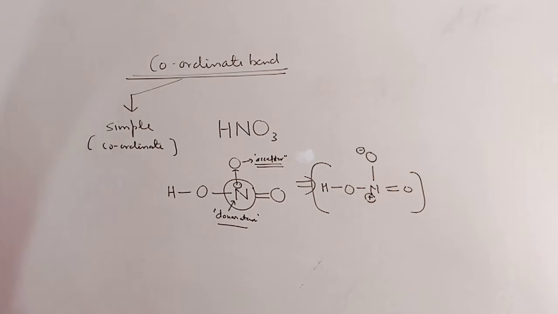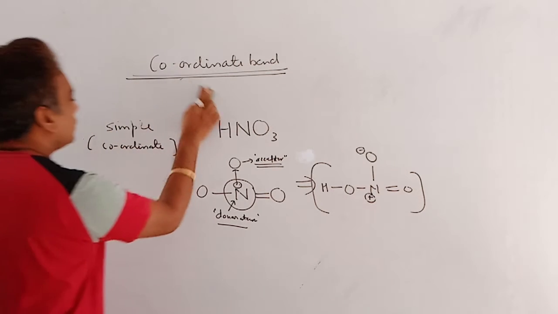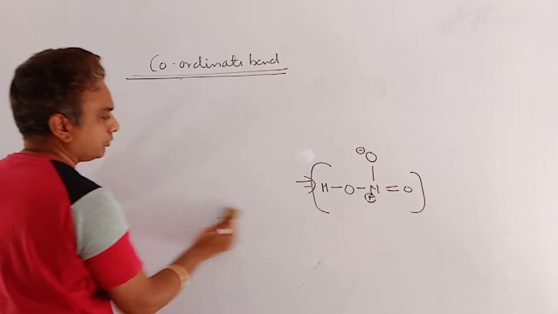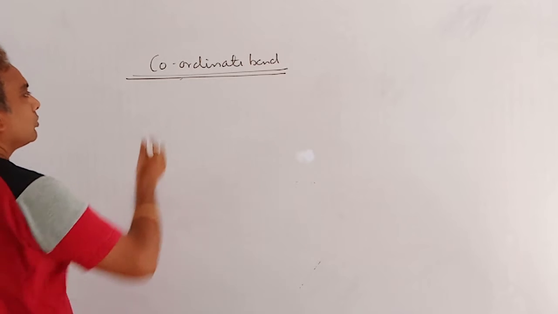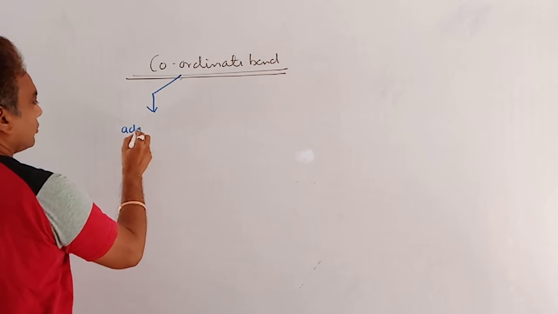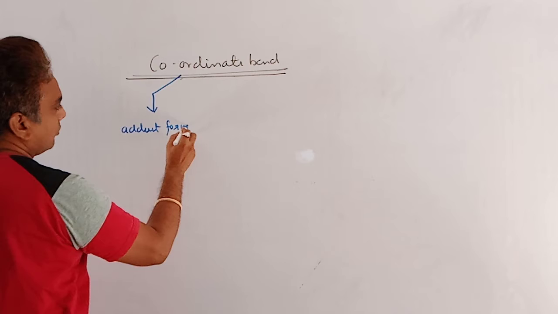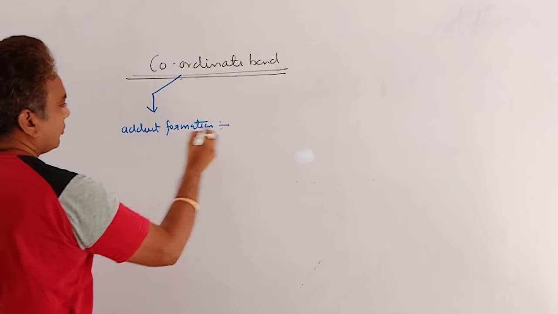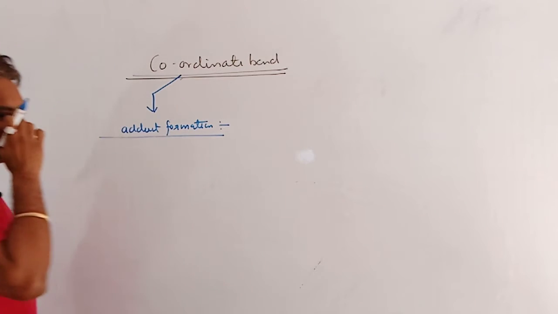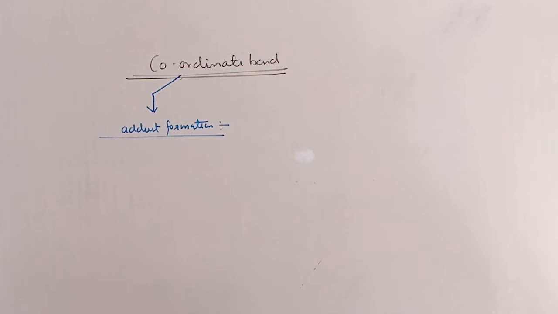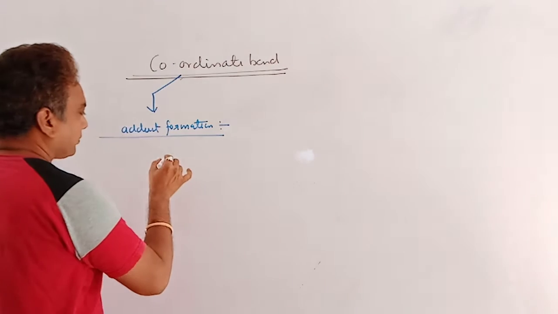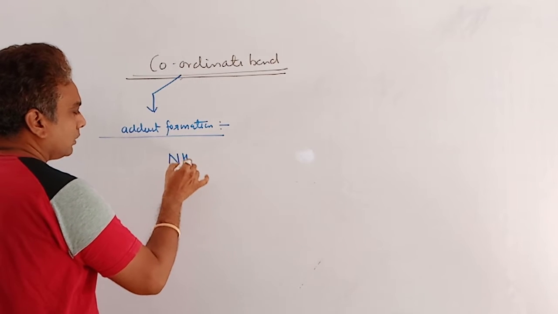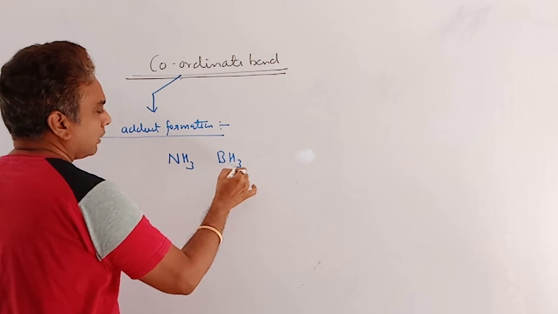Now one form of coordinate is called adduct formation. What is adduct formation? Actually, adduct formation is coordinate bonding between two different molecules. Suppose here is ammonia and here is borane.